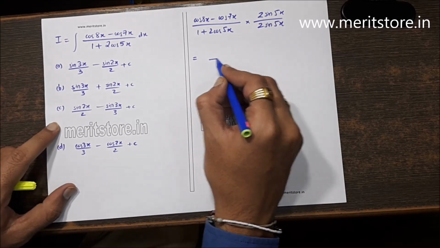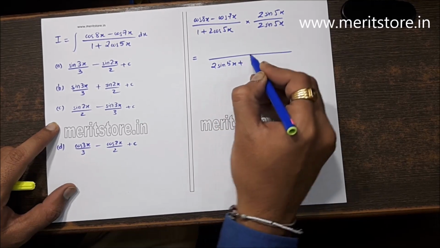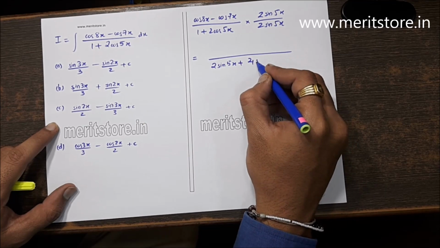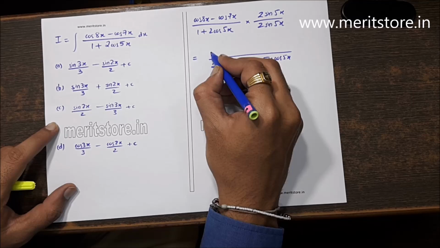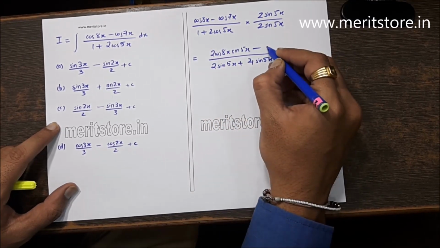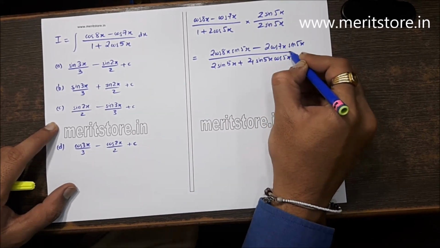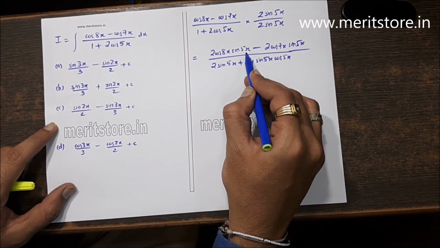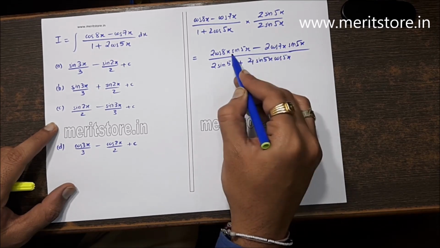Observe the effect in the denominator. I'll get it as 2 sin 5x plus 2 into 2, which will be 4 sin 5x cos 5x, and in the numerator I'll have 2 cos 8x sin 5x minus 2 cos 7x sin 5x. In the numerator I am applying the formula of 2 cos A sin B, which is sin of A plus B minus sin of A minus B in both the cases.